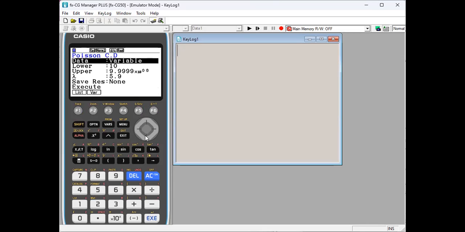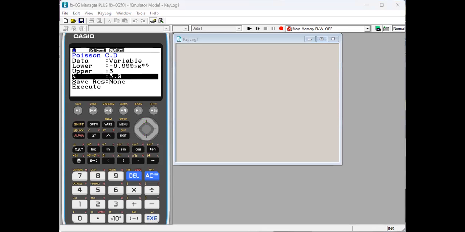My calculator has a little bit more advanced feature, so you can use lower and upper: upper 5, and the parameter 7.2.